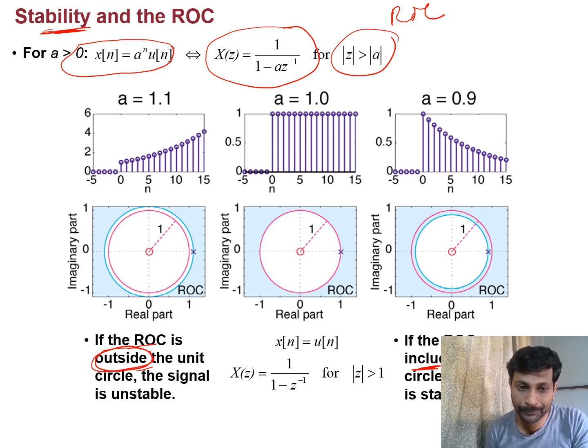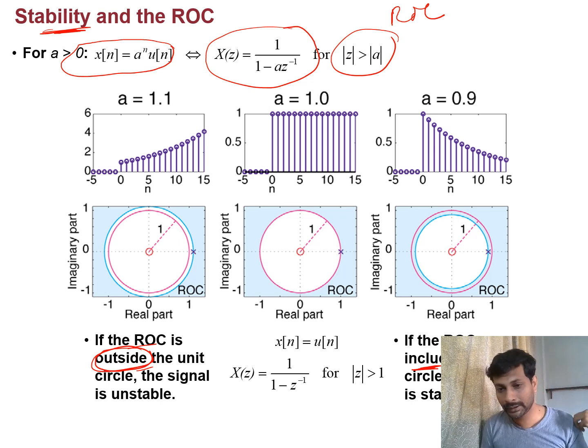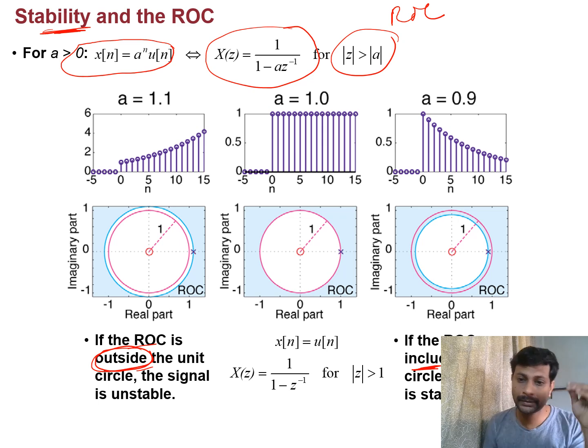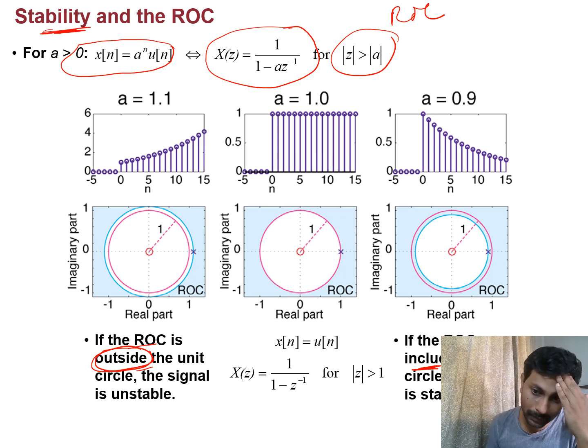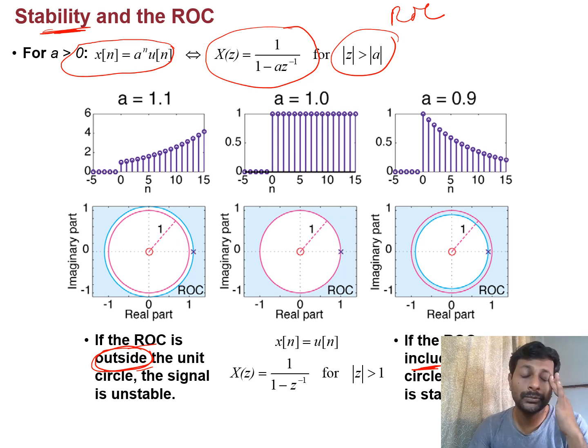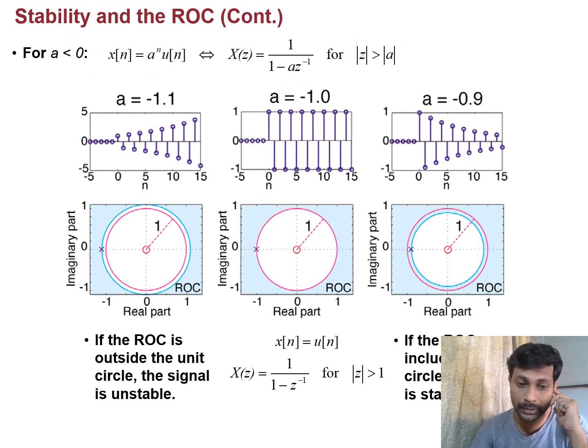As you can see, if this is the unit circle and this pole is outside the unit circle, then it is unstable. If the ROC includes the unit circle, then the system will be stable. This is the important point among the properties of the ROC for determining whether the system will be stable or unstable. Let us consider some more examples.